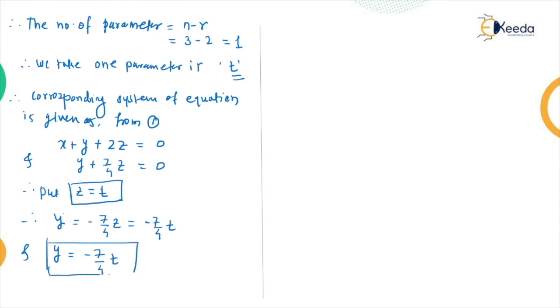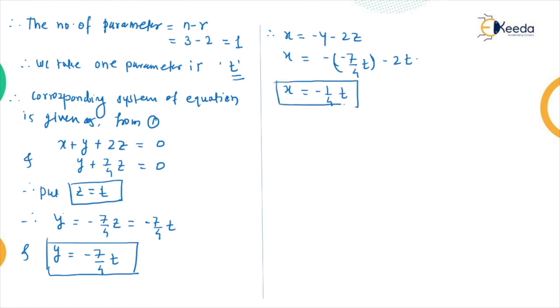Now x can be written as minus y minus 2z, so x equals minus of minus 7 divided by 4 into t, minus 2 into t. After some calculation, x is equal to minus 1 by 4 into t, and this is the value for x.